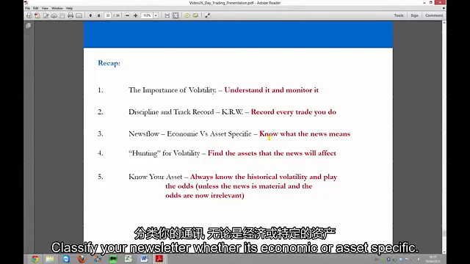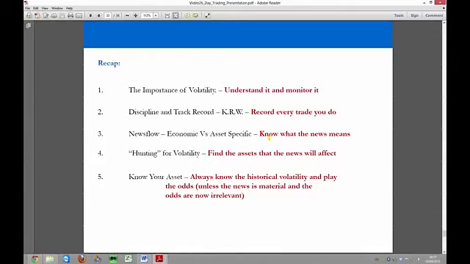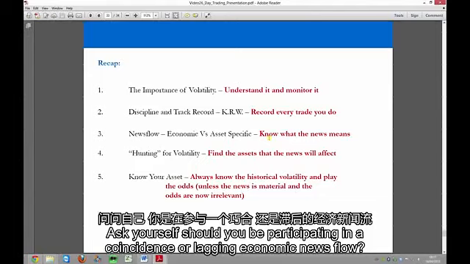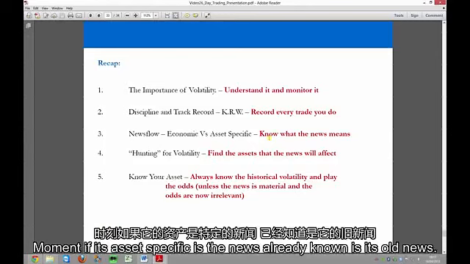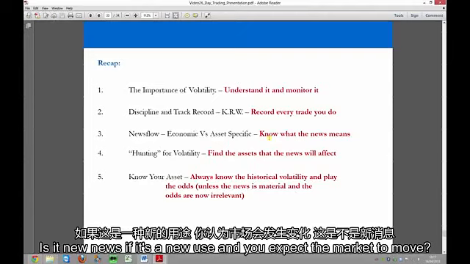Classify your news flow, whether it's economic or asset specific. If it's economic, ask yourself, should you be participating in a coincident or lagging economic news flow moment? If it's asset specific, is the news already known? Is it old news? Is it new news?